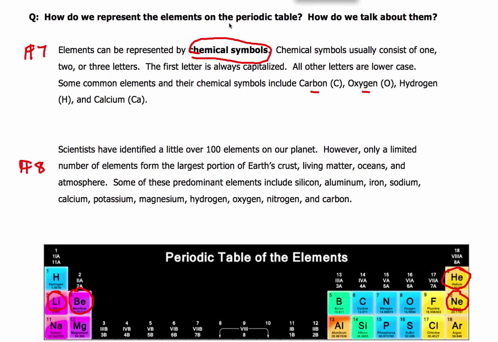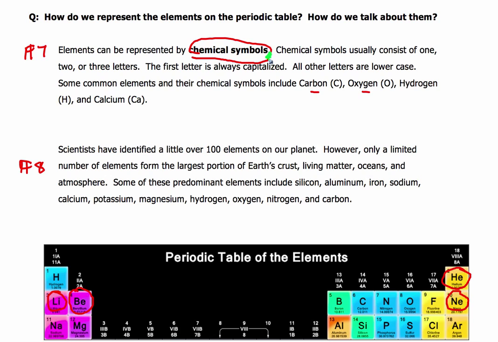So let's take your green pencil and let's just make sure we have the connecting understanding. So elements can be represented by chemical symbols. And what are chemical symbols?